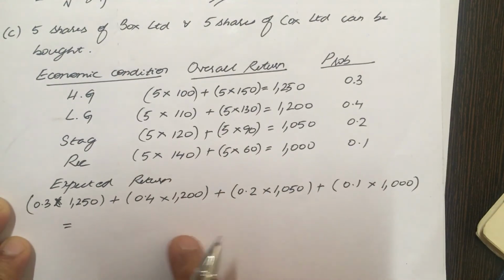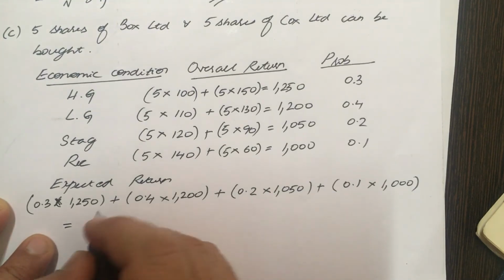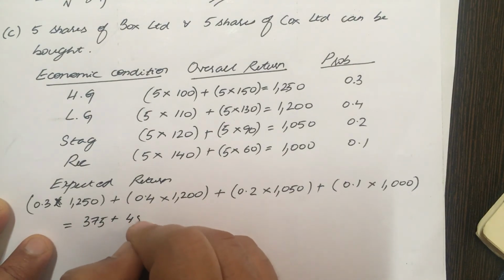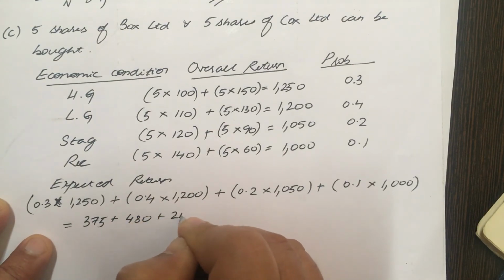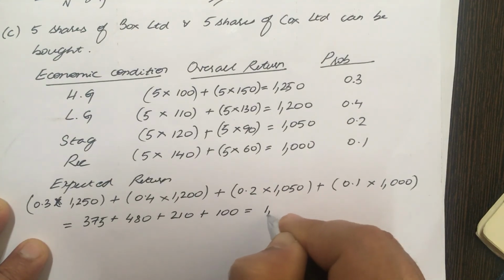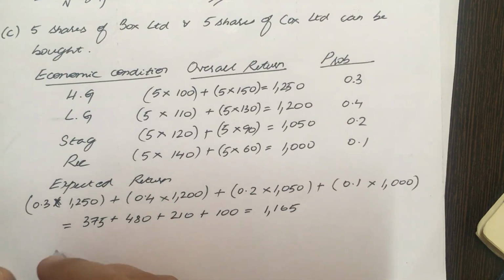So the whole thing is 375 plus 480 plus 210 plus 100, equal to 1165. And then show the standard deviation.